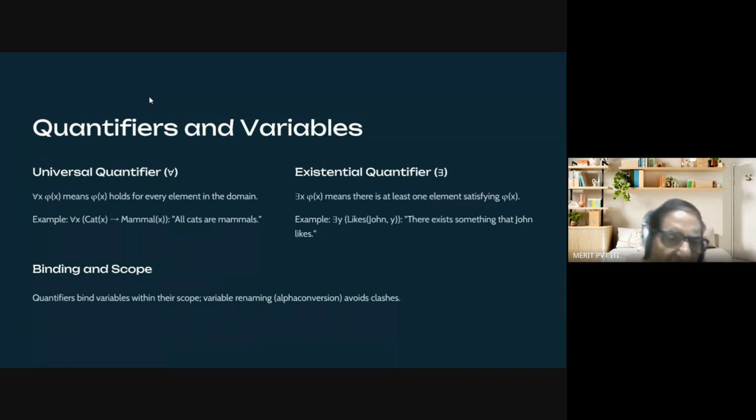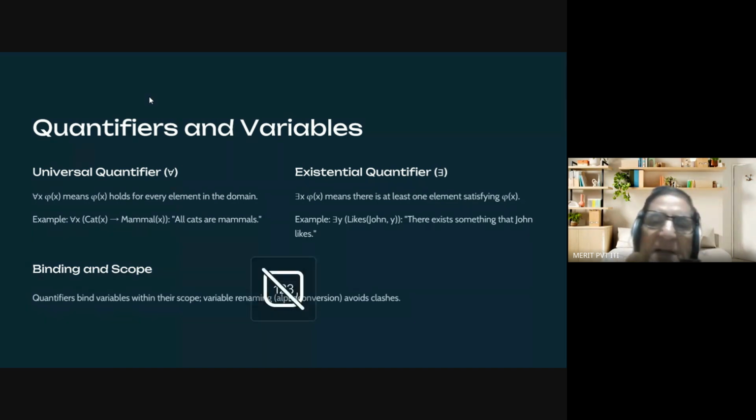For all x, phi(x), that means for all of them. Example, for all x, cat(x) implies mammal(x): all cats are mammals. देखो cat(x), for all x, if there is a cat x, which is mammal(x). Similarly, on this side comes the existential quantifier. There exists x, F(x), means there is at least one element satisfying F(x).